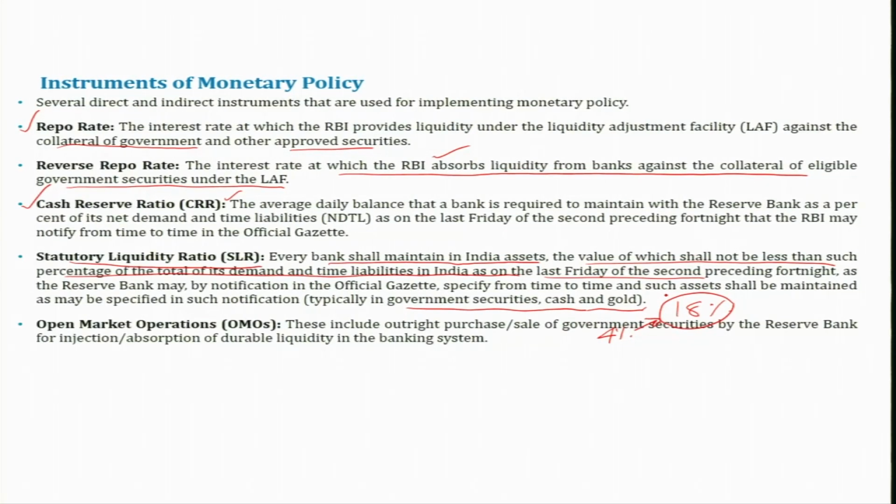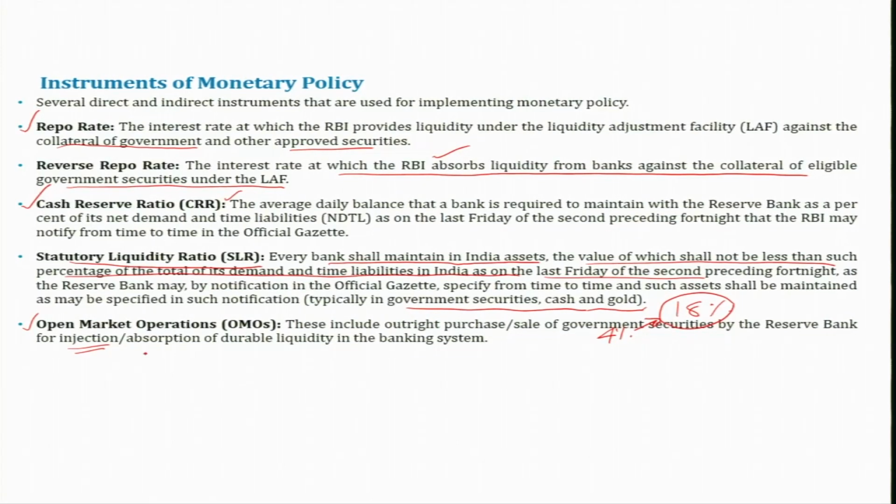Another tool, you are familiar with this one as well, is open market operation. These include outright purchase or sale of government securities by the Reserve Bank for injection or absorption of durable liquidity in the banking system. So, if they want to inject more money, more liquidity into the economy, the central bank RBI will do open market purchase.